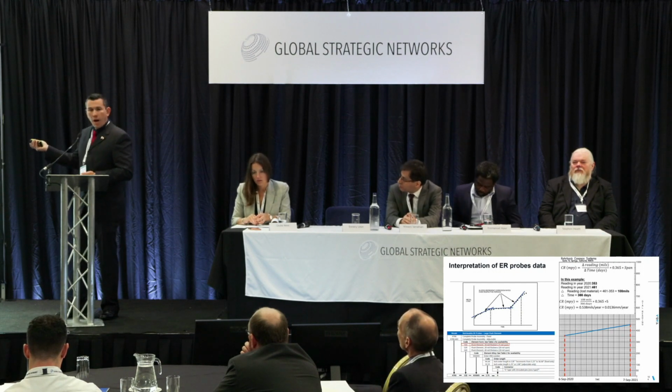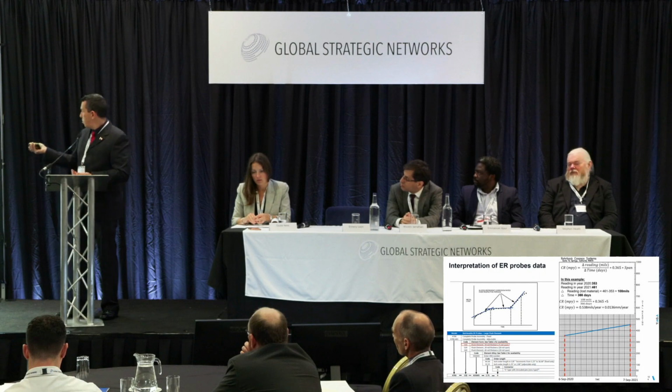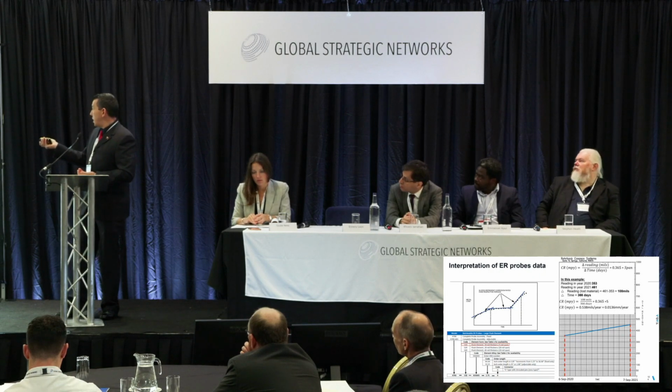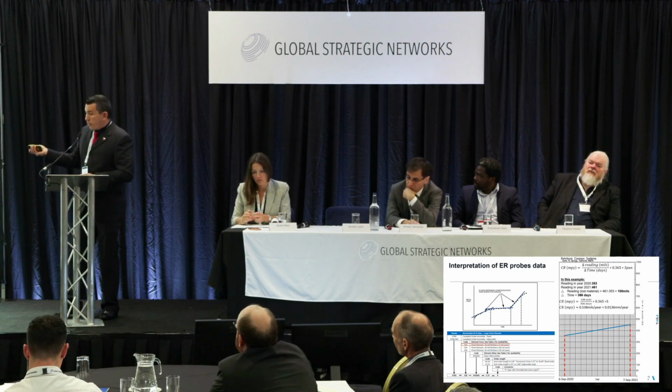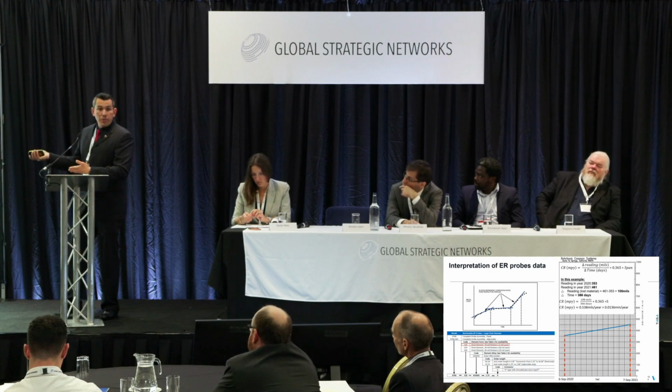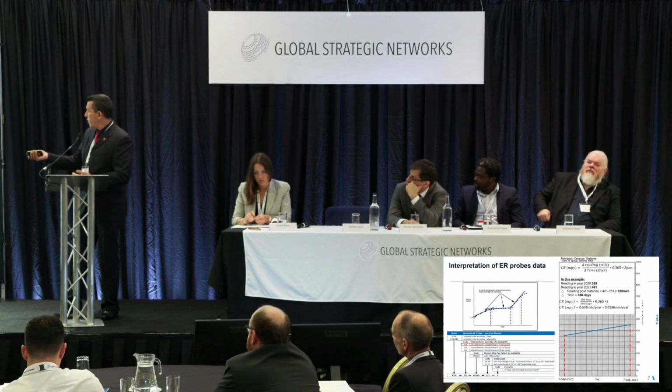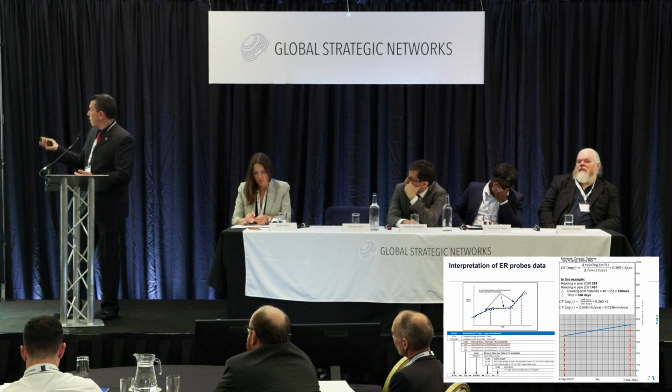In our case, I'm very happy to say that it was very low, 0.013 millimeters per year. And to be able to do these calculations, you need to have technical information of your probe. You need to know which probe you are using to be able to fill in the span in the equation.